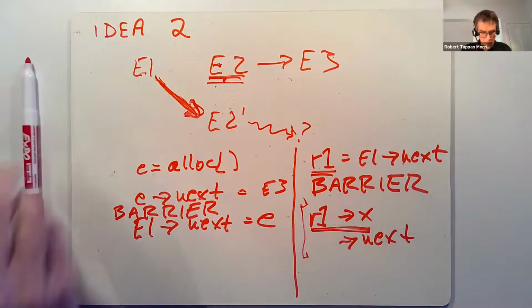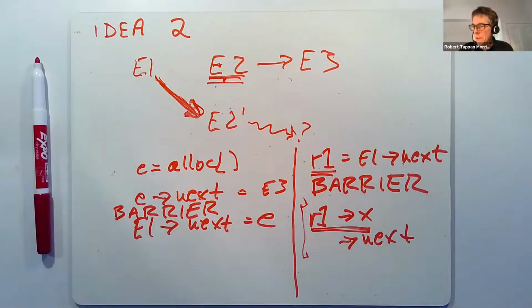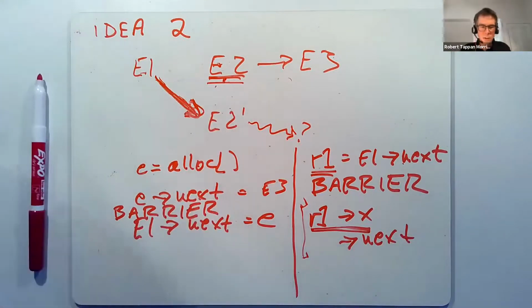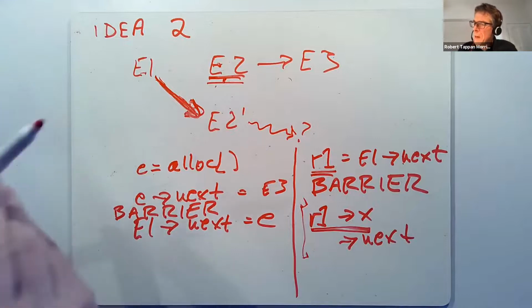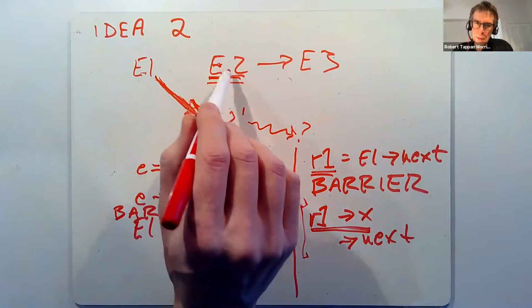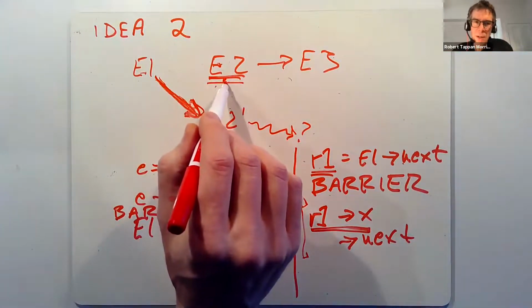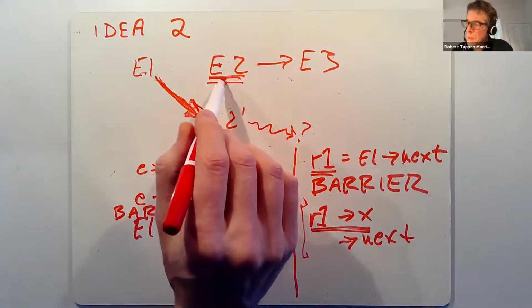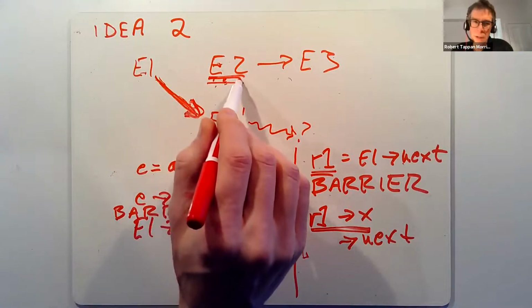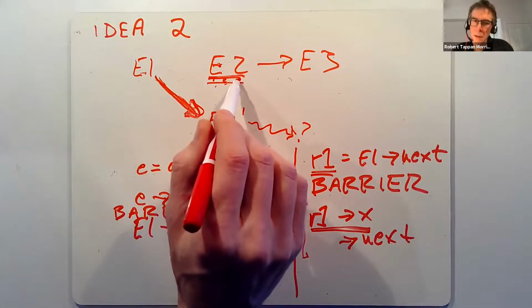And that's the third and final main problem that RCU solves: how long should the writer wait before it frees E2? You could imagine a number of ways of doing this. For example, we could put a little reference count in every list element. Readers increment it when they start using a list element, decrement it when they're done using it, and the writer waits for the reference count on this element to go to 0.